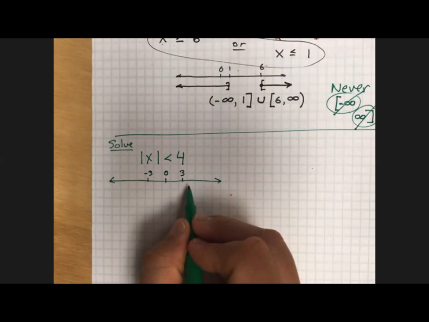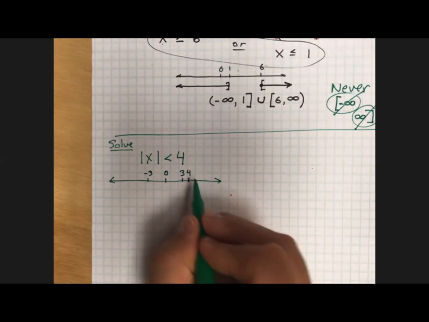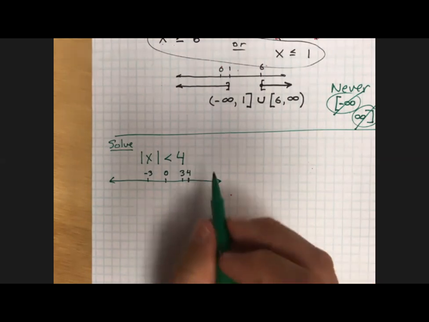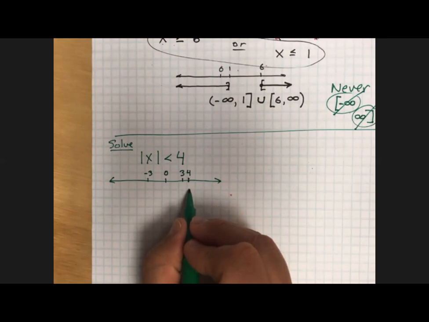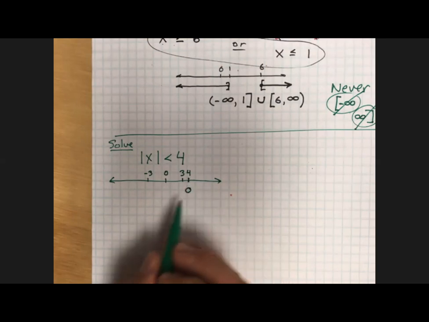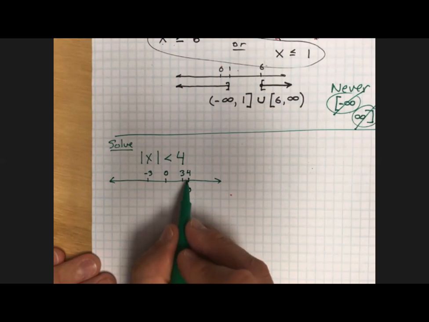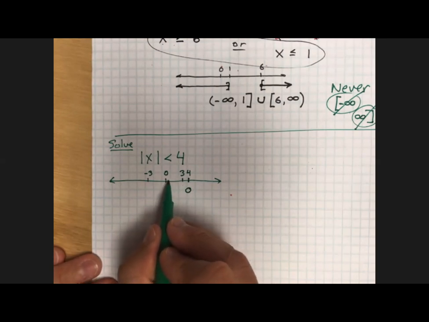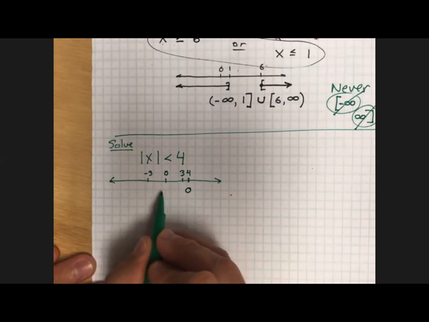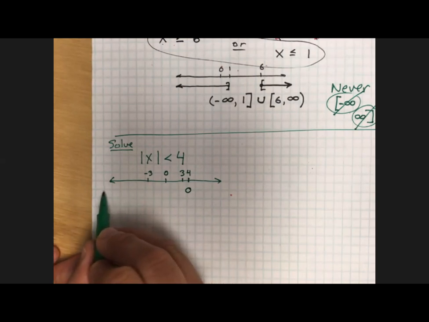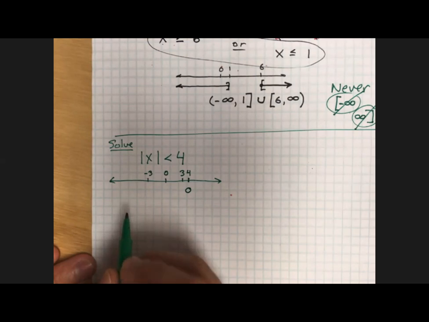Let's do the difficult case right now. Does 4 work? Yes or no? No. Legally, no. Now, if there was an equal sign here, you'd have to say yes. But there is no equal sign, so legally 4 does not work. Let me put an open dot this time just to practice that. So now 4 does not work, but 3 works, 2 works, 1 works, 0 works, -1, -2, -3. So I just keep going forever, right? That's right.